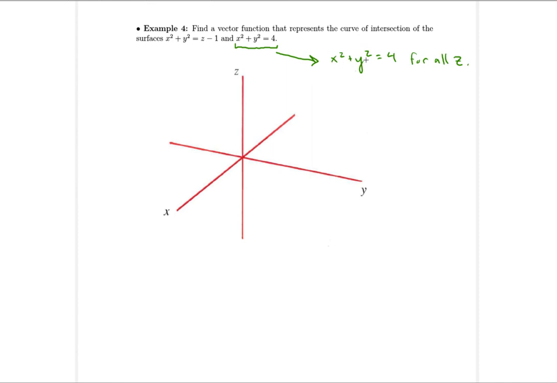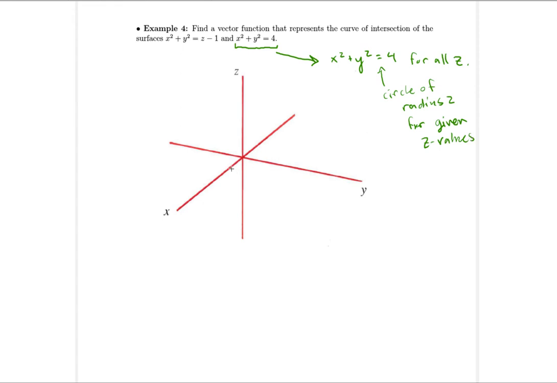So let's start with z equals 0. It's x squared plus y squared equals 4. That's a circle, right? This is a circle of radius 2 for given z values. So you freeze z in place, you're going to get yourself just a circle.